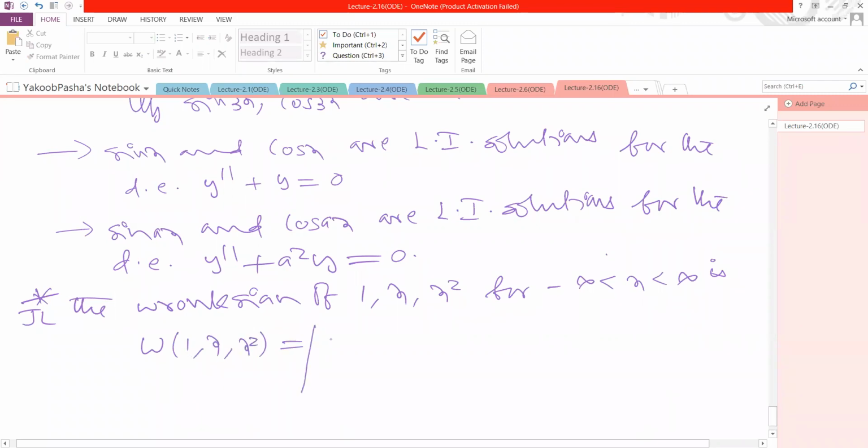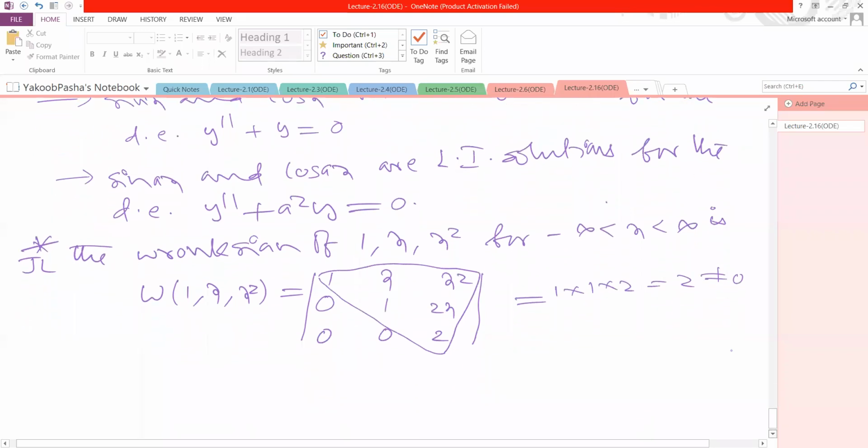The three functions are there, so we have to take the determinant. That is 1, x, x square. Take derivatives: derivative of 1 is 0, first derivative is 1, this is 2x, and again derivative 0, derivative 0, derivative of 2x is 2. This is actually an upper triangular matrix. Determinant is equal to the product of diagonal elements, that is equal to 2, not equal to 0.